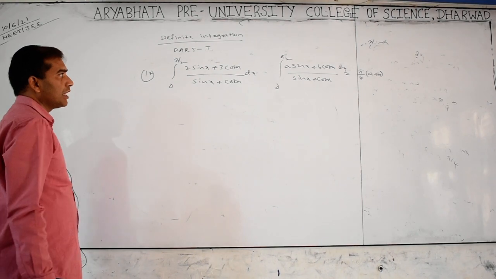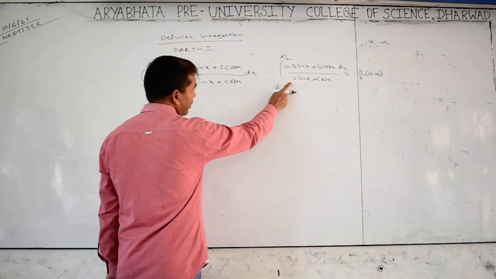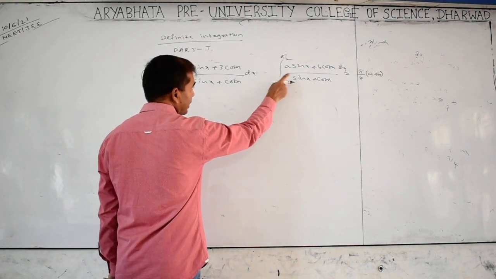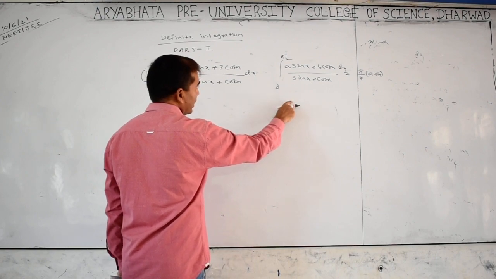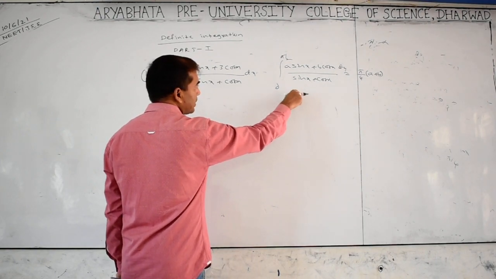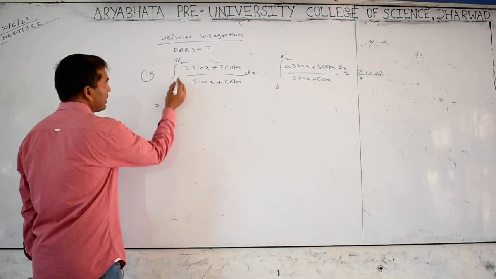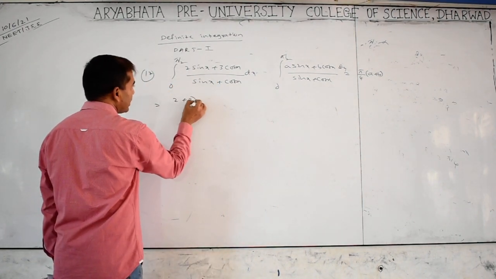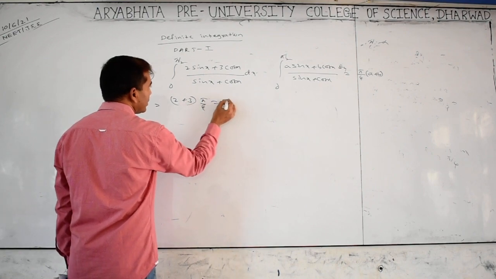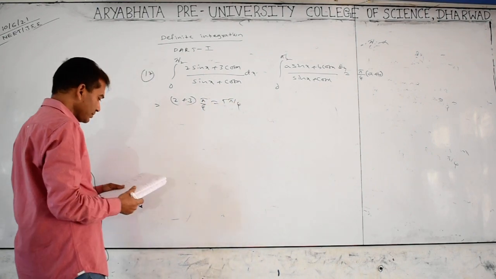Pi by 4 into (a plus b). Just today only we have proved this one. Let this be I. Again we'll get I. Add it: (a plus b) pi by 2, the 2 comes to this side. (a plus b) pi by 4. So tell me, a is 2 plus b is 3, into pi by 4. 5 pi by 4 is the answer.